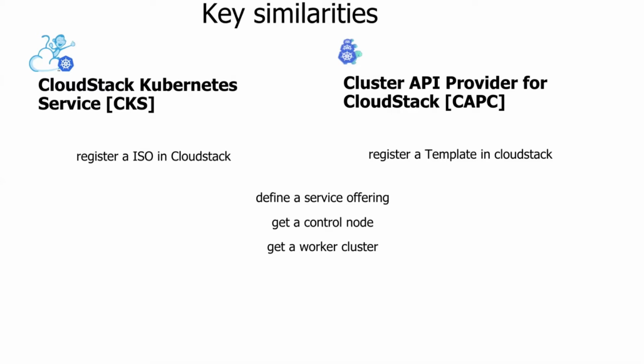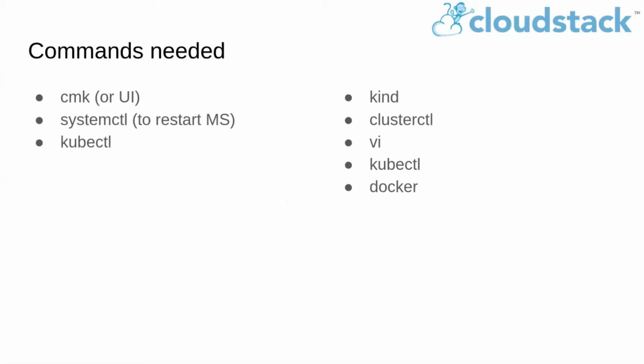In CAPC, you need to register a template ready with all the tooling, and you can then let the CAPC API install that in CloudStack as a virtual machine, either as a control node or as a worker node. Both need a service offering, both get, of course, the cluster, as you would expect of a Kubernetes cluster.